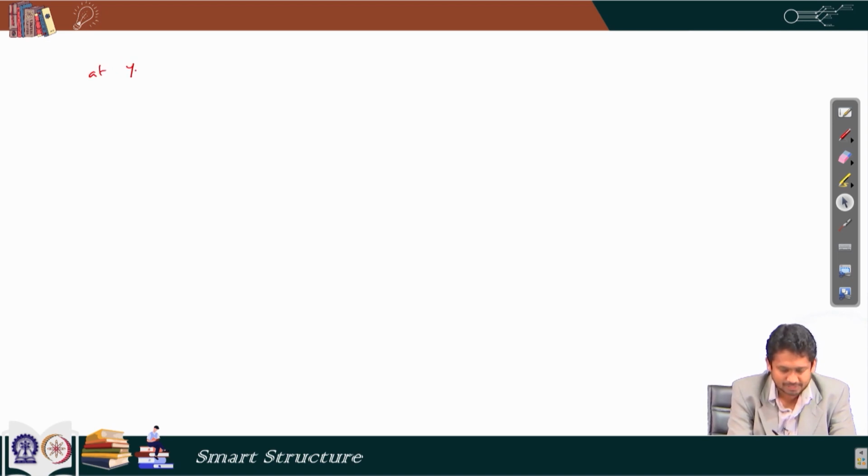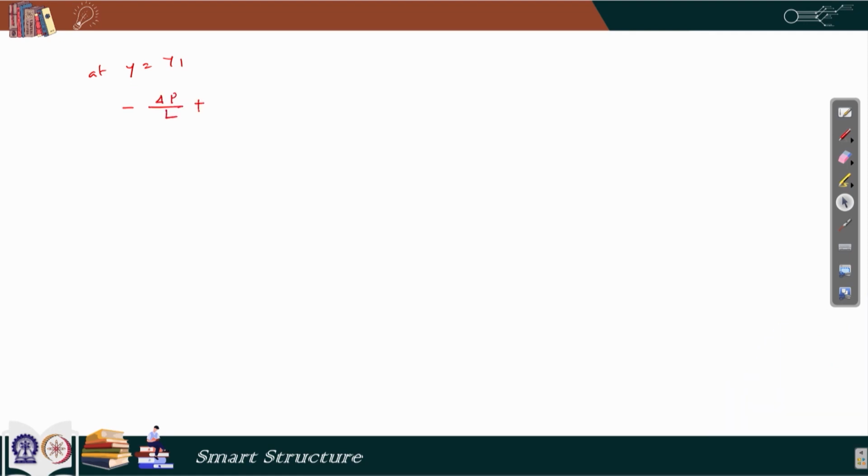So, let us write at y equal to y 1: minus del p by L plus del p multiplied by d by 2 L equal to tau y, evaluated at y equal to y 1. After simplifying, with y 1 equal to d minus delta by 2, we can find the plug thickness delta, and that comes as tau y multiplied by 2 L divided by delta p.